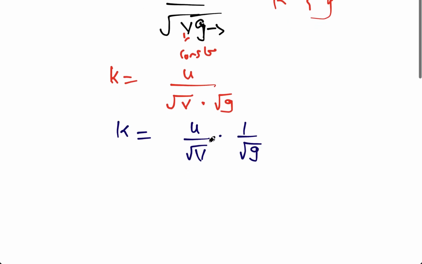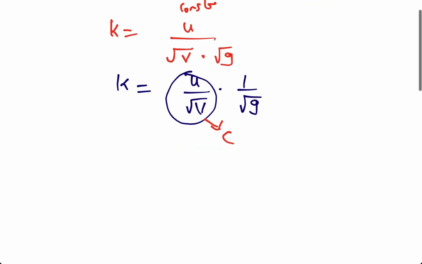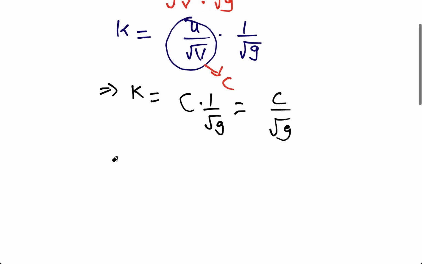Now, the last thing you need to do is, you see, this entire guy is a constant, so you don't need to stress yourself about it. Just name it as a constant. Maybe you can use C to represent it. So what does that imply? That implies that K equals a constant C multiplied by square root of 1 over G. And when you do that, that is C over square root of G. The next thing you can do here is to cross multiply.